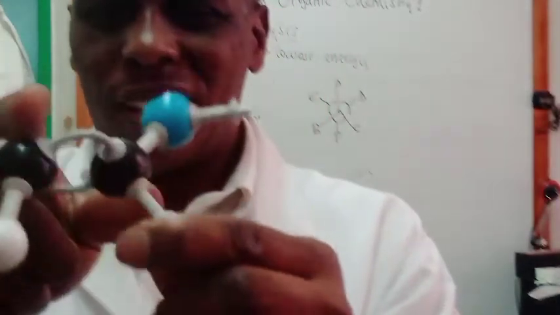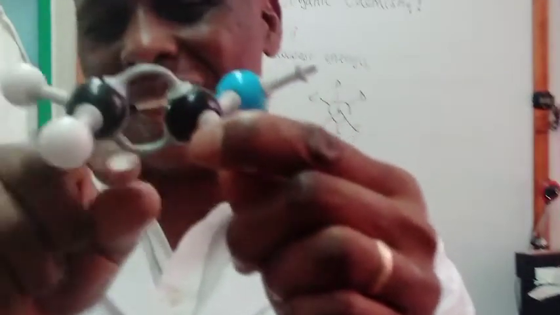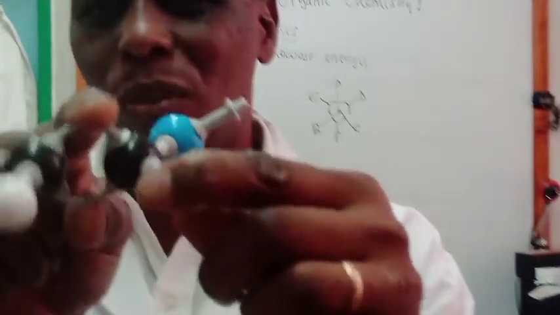Now, what can you see here? A double bond, I'm just showing with this one, they're a bit twisted, but in this case the double bond is going to be flat.